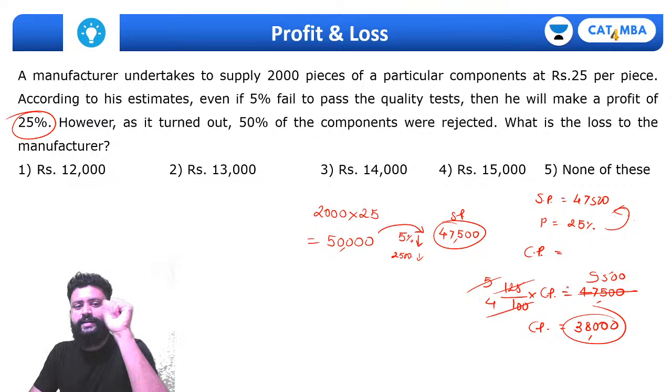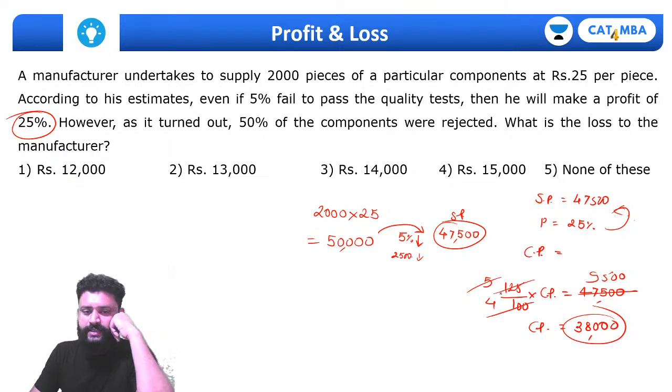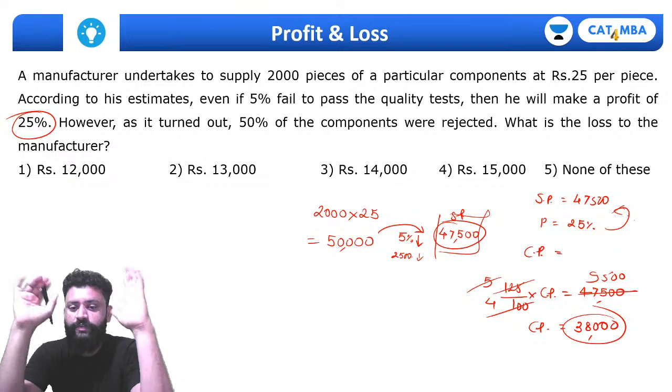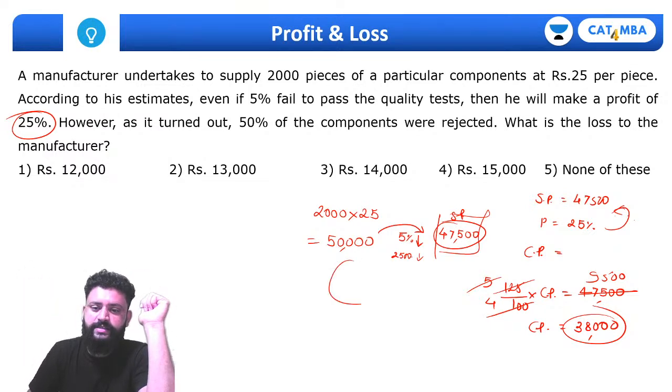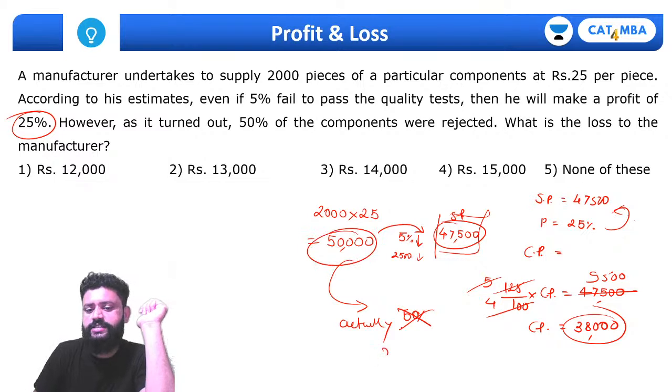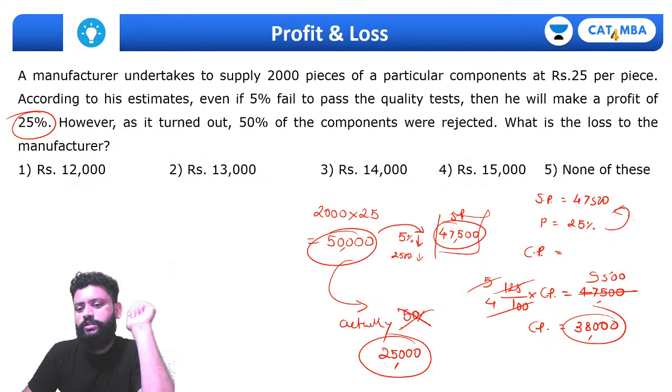However, as it turned out, 50% components were rejected. The problem is ये deal 47,500 में finally नहीं हुआ and 50% were rejected. So the deal was of 50,000, he's just getting 25,000. So now definitely he'll be in loss.